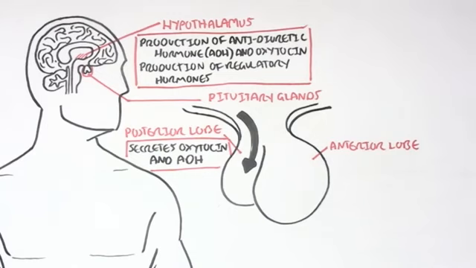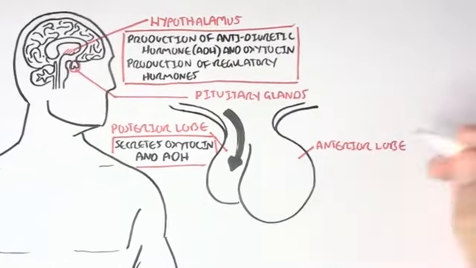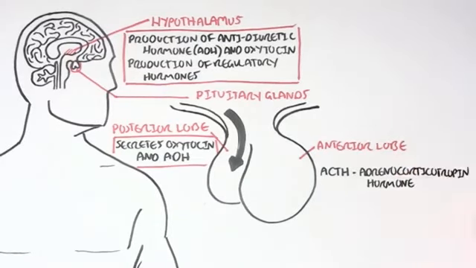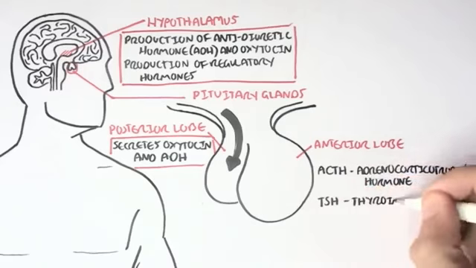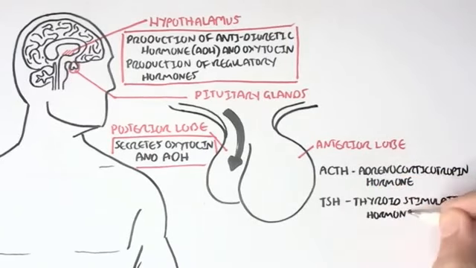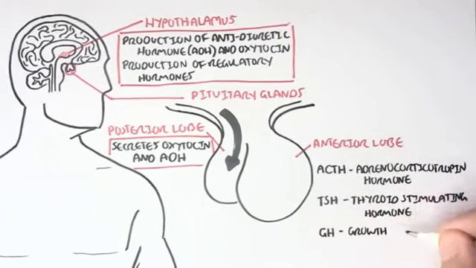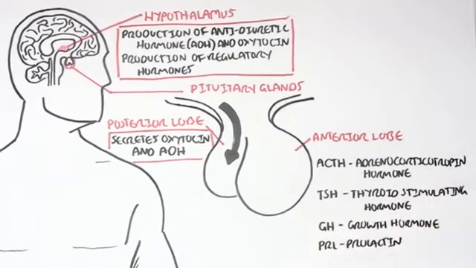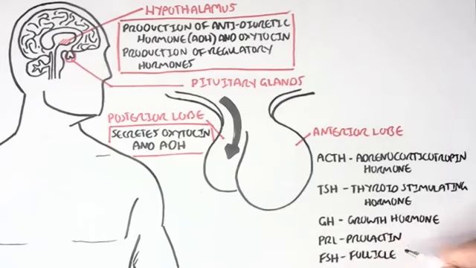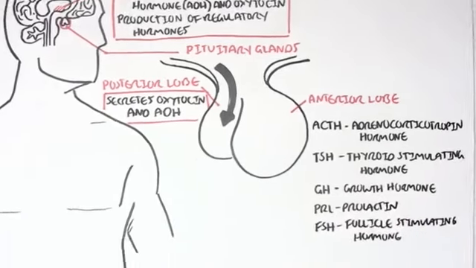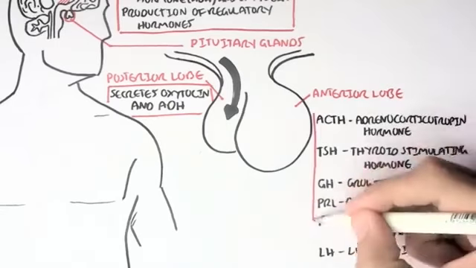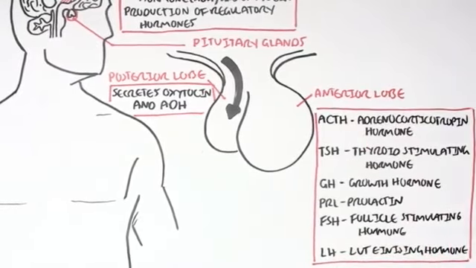The anterior lobe of the pituitary glands actually secretes many hormones, including ACTH, which stands for adrenocorticotropin hormone, TSH, thyroid stimulating hormone, obviously stimulates the thyroid, GH, growth hormone for growth, PRL, prolactin for milk production in the breast, and then FSH, which is follicle stimulating hormone, and LH, luteinizing hormone, which are responsible for the reproductive system.